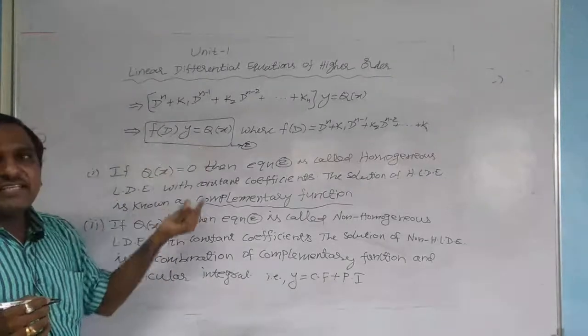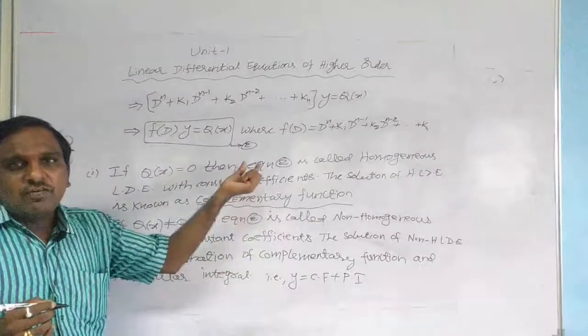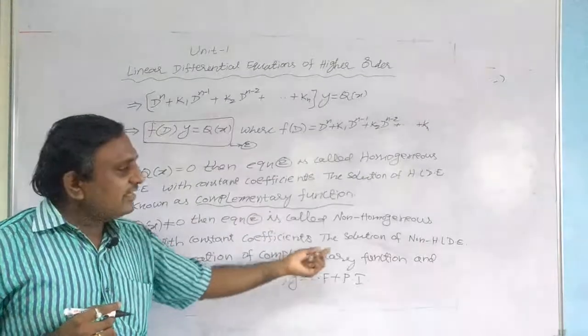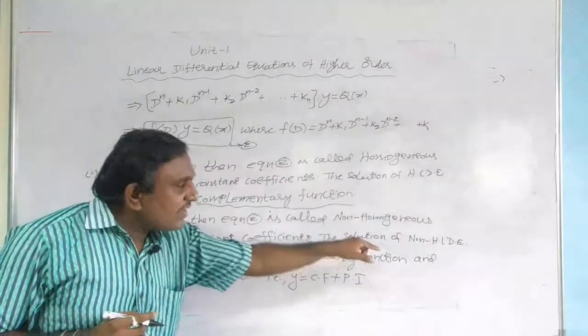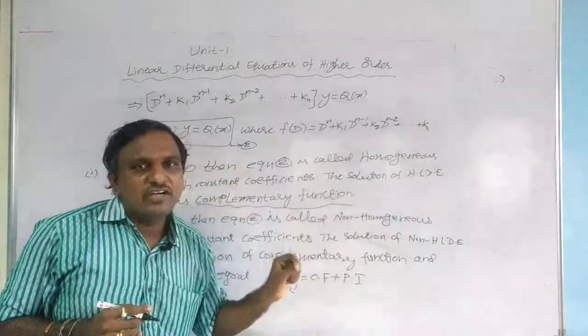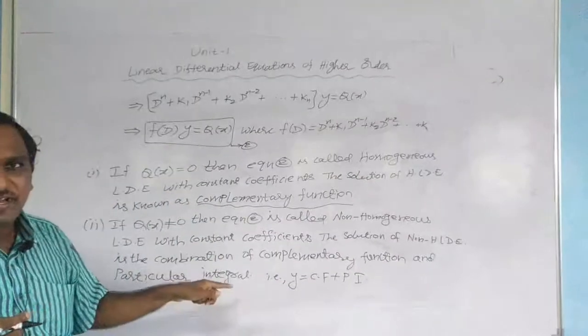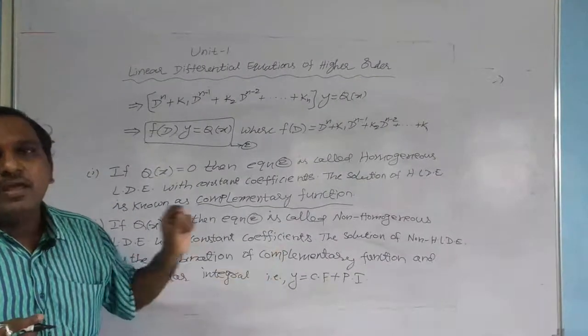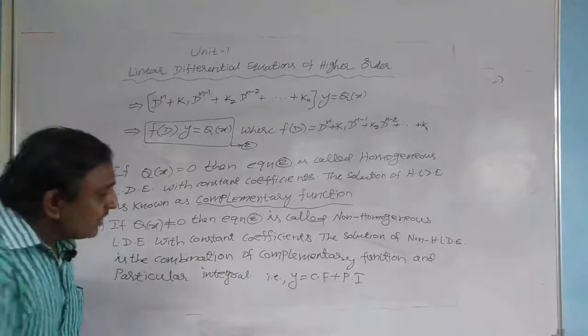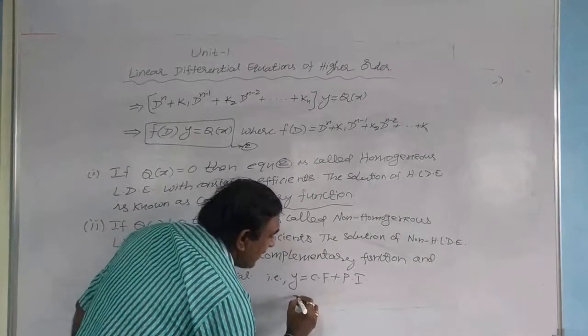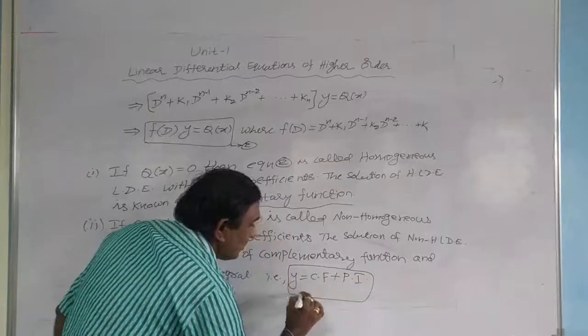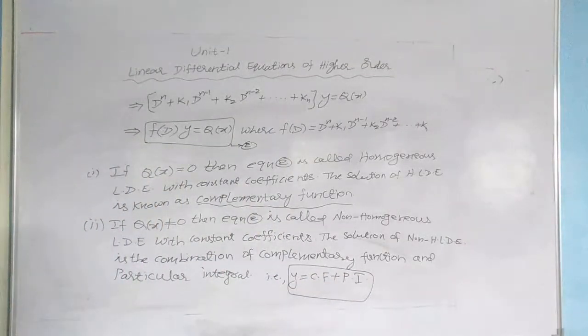If Q of x is not equal to 0, then equation 2 is called a non-homogeneous linear differential equation. The solution of a non-homogeneous linear differential equation is the combination of complementary function and particular integral. That is, y is equal to CF plus PI.